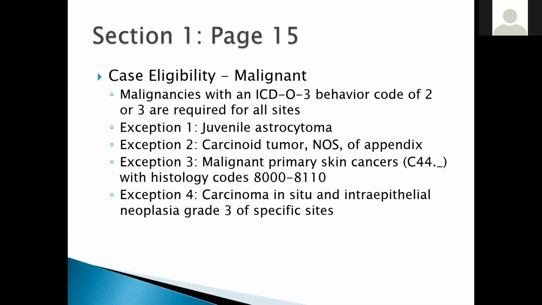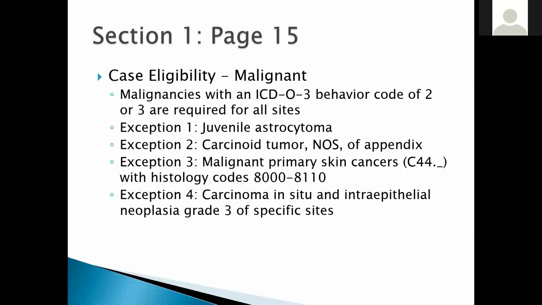The tumors that are required are malignancies with an ICD-O-3 behavior code of 2 or 3 for all sites, with the 4 exceptions that are listed, which may be confusing because 2 are basically not exceptions, but they are called exceptions. So instead of thinking of all of them as exceptions, I'll tell you which ones are kind of not considered exceptions.